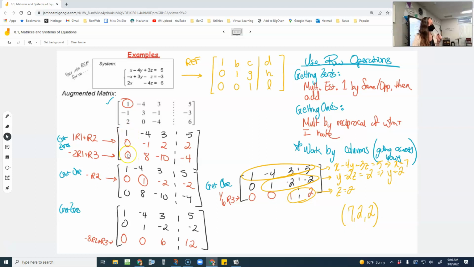After I have column 1 done, what's my objective? What's my goal? Move on to column 2 and get the 1. Now, as I was looking at column 2, I need the 1 in the first spot, the y spot of the second equation. How do I get a 1? Over here, what's the system say? Multiply by the reciprocal of what you have. What did we have? What is 1 over negative 1? Aha! Now, it wasn't super obvious.